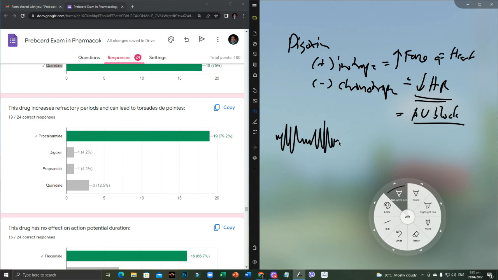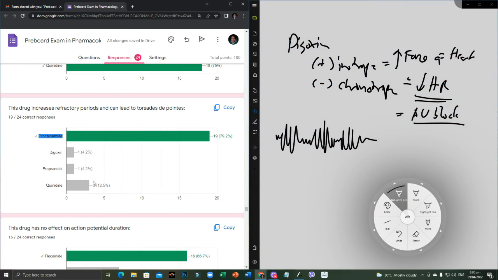Mga ganyan siya. Okay, and of course, that's a dangerous situation because it's a ventricular condition. And that can usually be caused by procainamide.